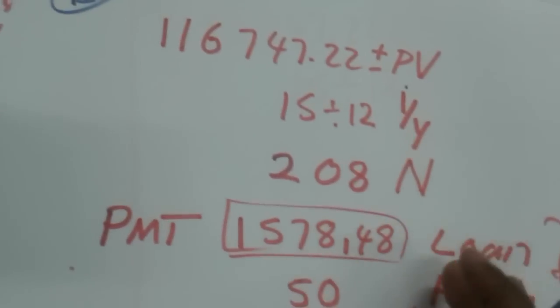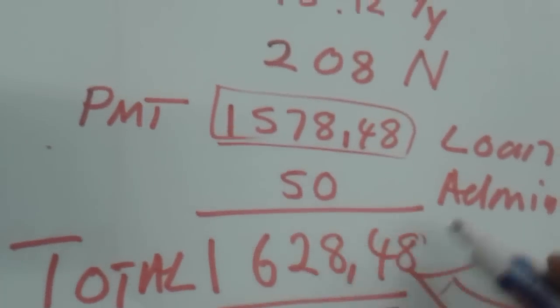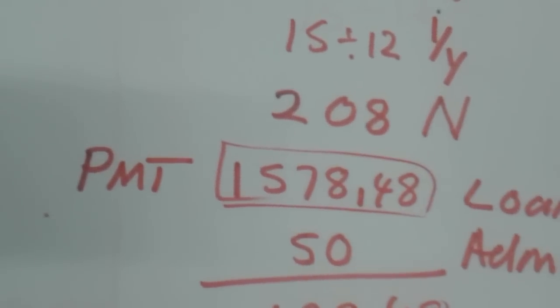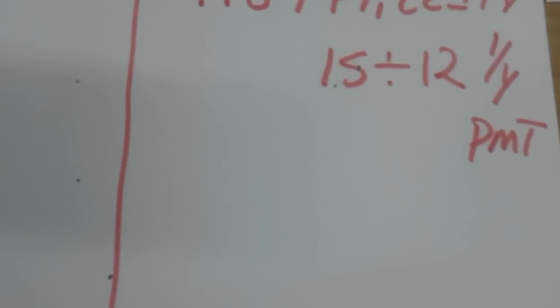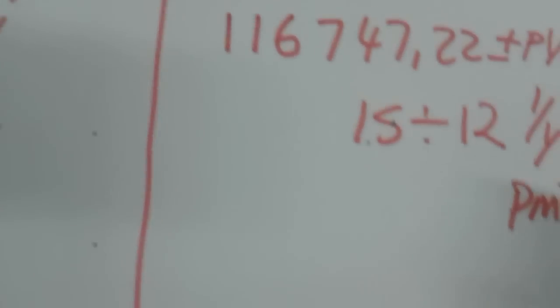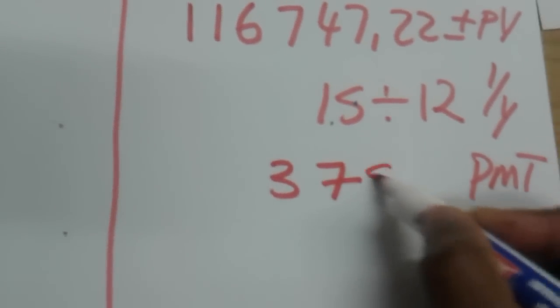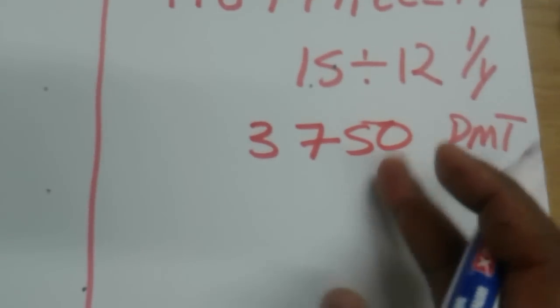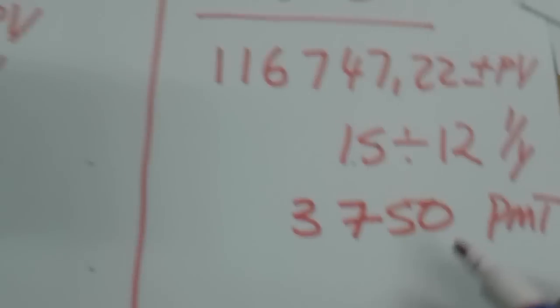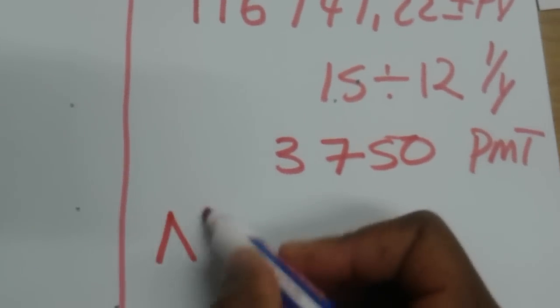Ignore this one. I wanted to just explain how we do it if it was in a different version. But for now, I want us to go back to our original question, whereby the PMT is 3,750.50. Remember 3.8 minus 50, right? And then we did compute our N.